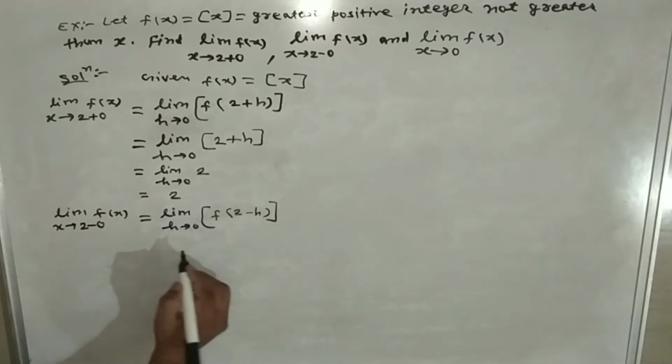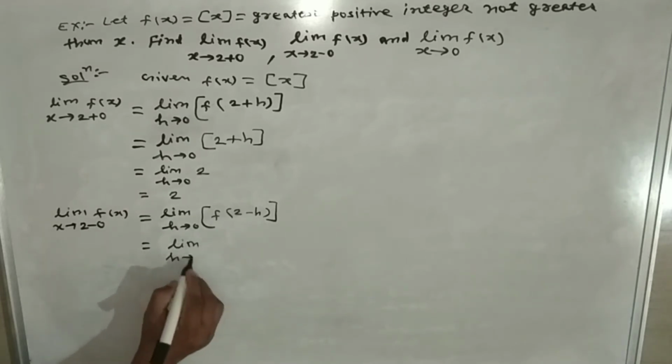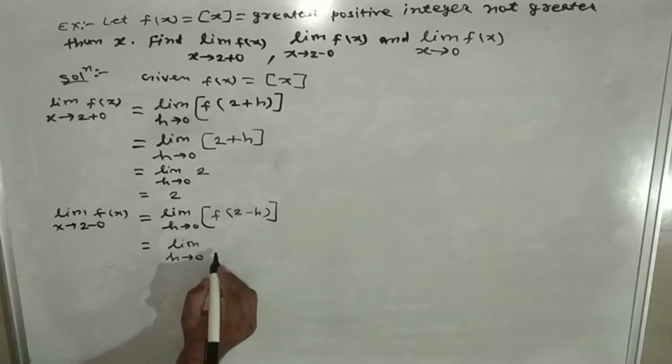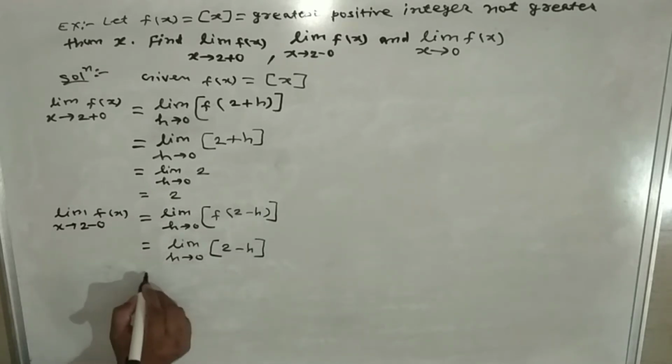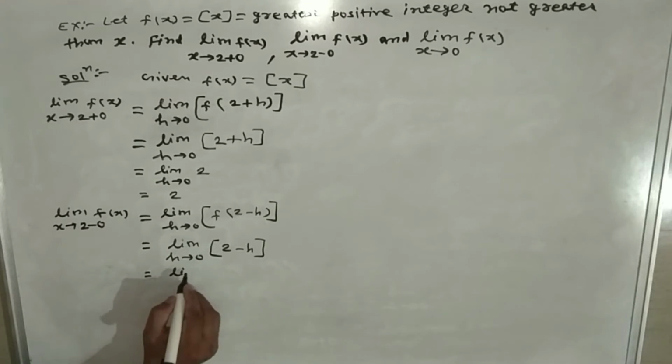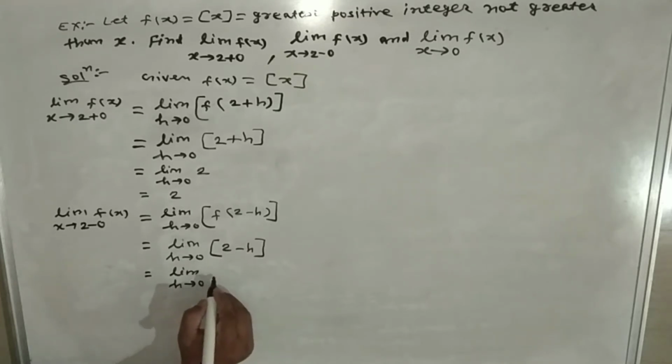So this is equal to, again, the limit as h tends to 0 of the function f of 2 minus h, and therefore this is equal to the limit as h tends to 0, which is equal to 2.